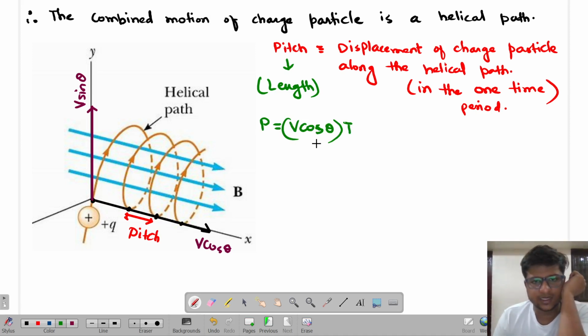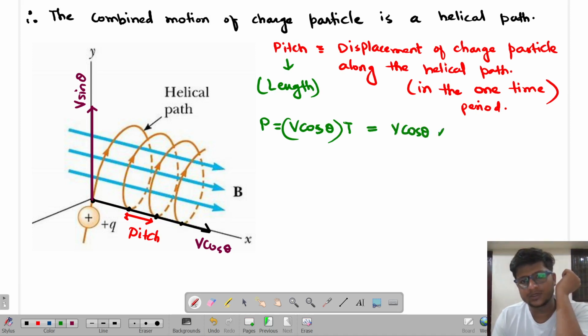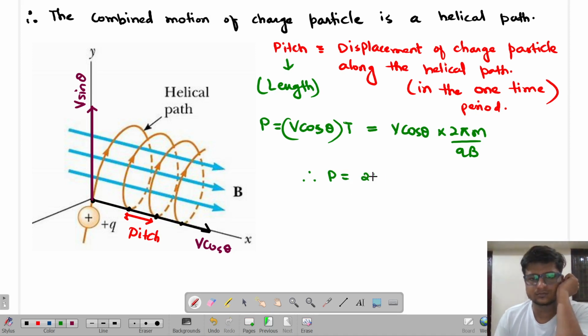So the pitch is v cos theta into the time period 2 pi m by qB. Therefore pitch is given by the formula 2 pi m v cos theta by qB.